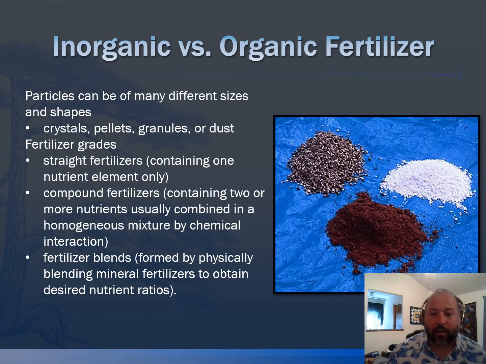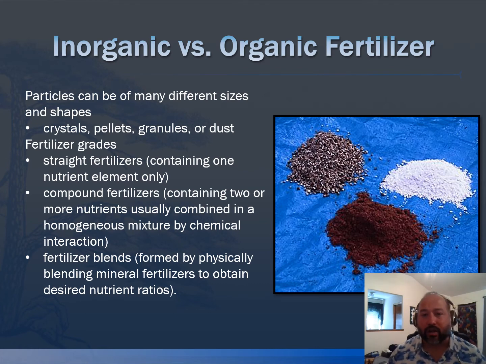Thinking about what some of this stuff looks like, certainly the fertilizer I use in my backyard looks much more like this than like manure or mulch. Particles can be of different sizes and shapes: crystals, pellets, granules, or something that looks more like a dust.